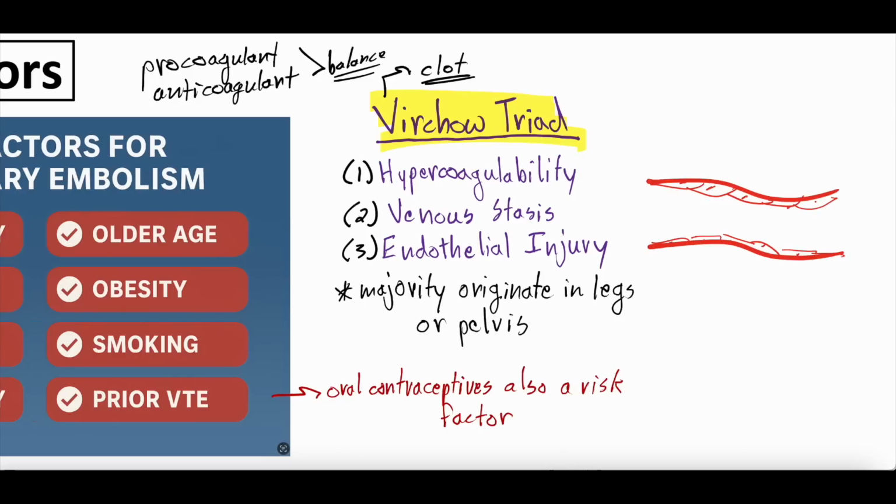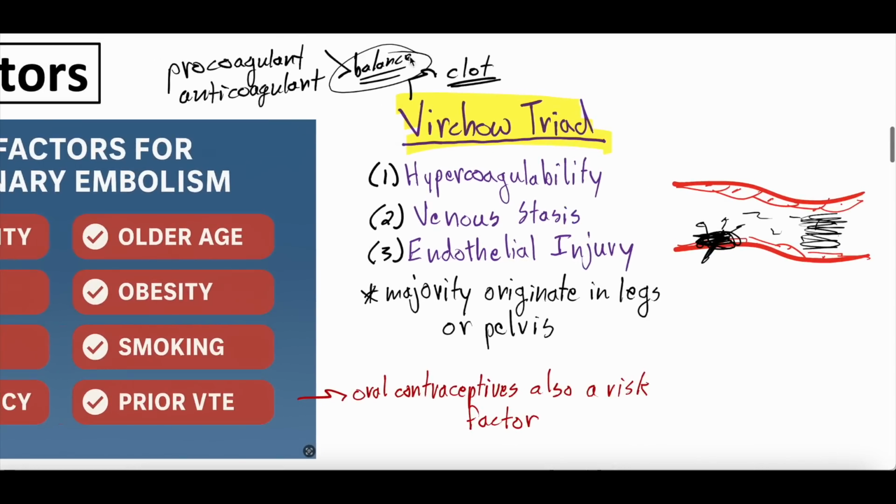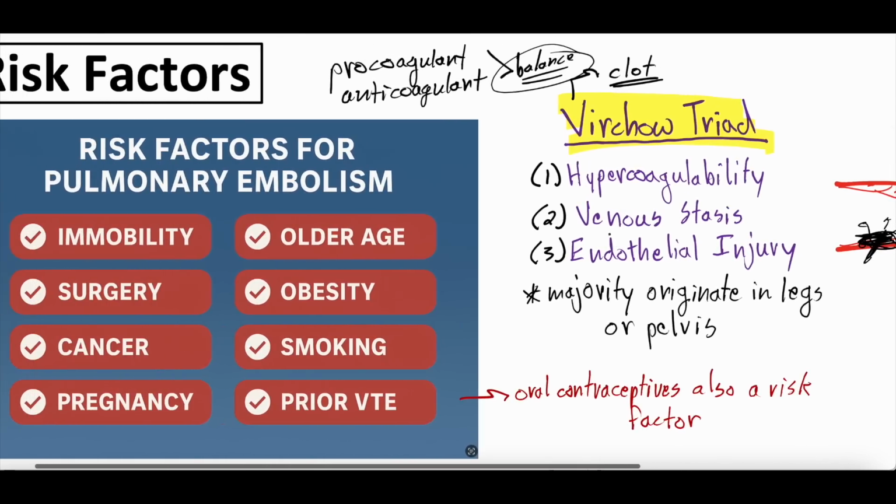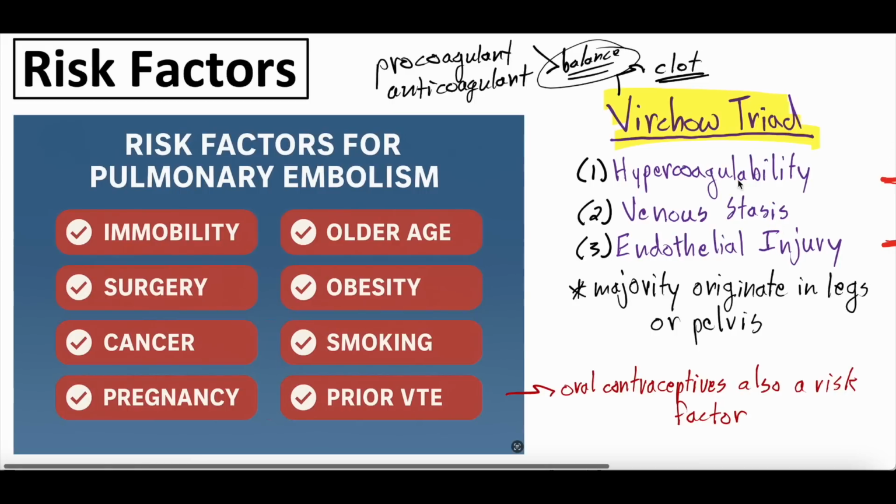When they get injured, let's say you get a cut or an injury, that injury releases a bunch of factors because what your body wants to do is clot off that area so that you don't bleed. But sometimes those factors can get into the rest of the blood vessel and lead to a procoagulant state, throwing off that delicate balance and causing more clotting. So that's Virchow's Triad: hypercoagulability, venous stasis, and endothelial injury.